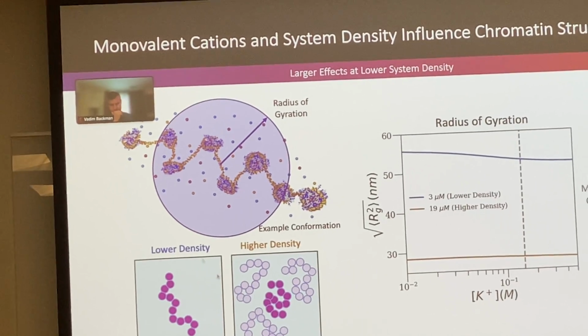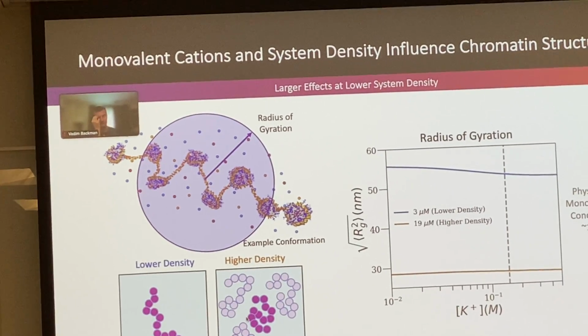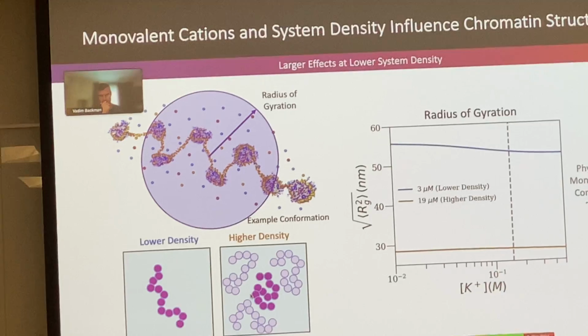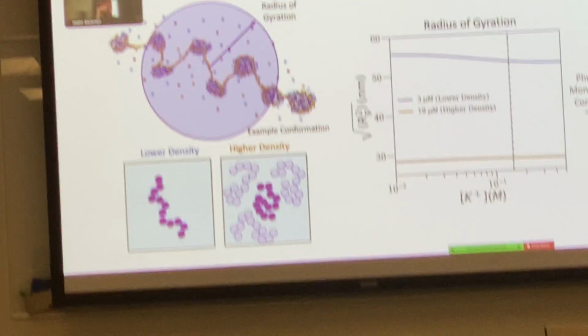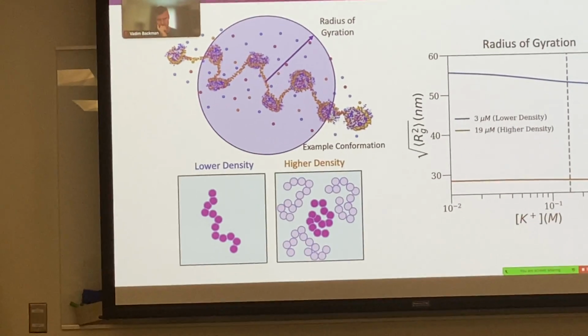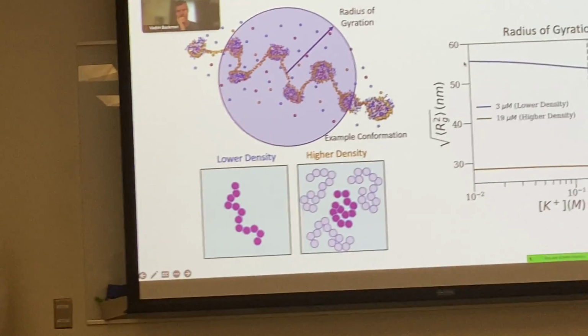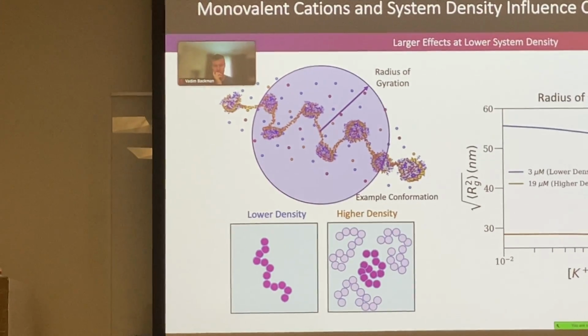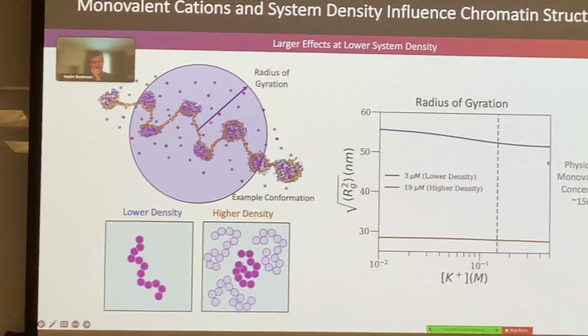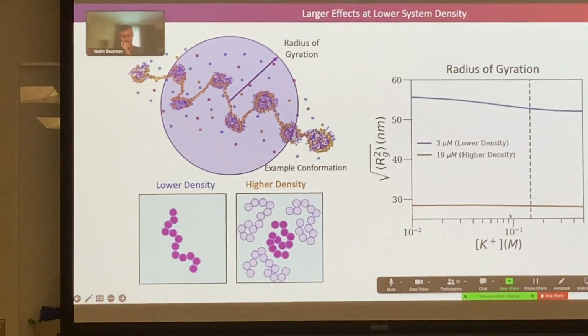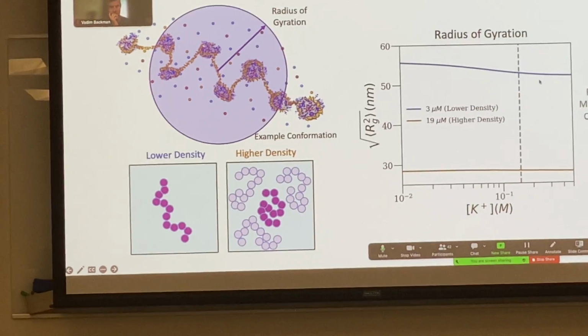And this is because of the surrounding chromatin chains that contribute osmotic pressure and cause compaction of these chromosome chains. And you can see that our lower density system is more expanded and has a larger radius of gyration, and that this structural parameter is more sensitive to changes in potassium, but not so much above physiological monovalent salt concentrations.